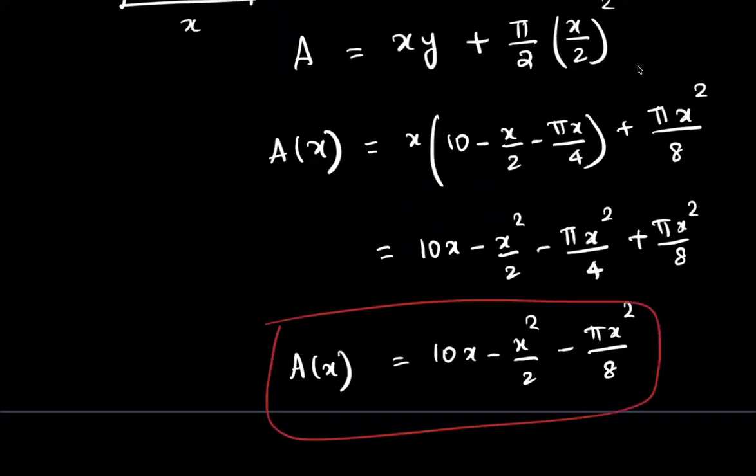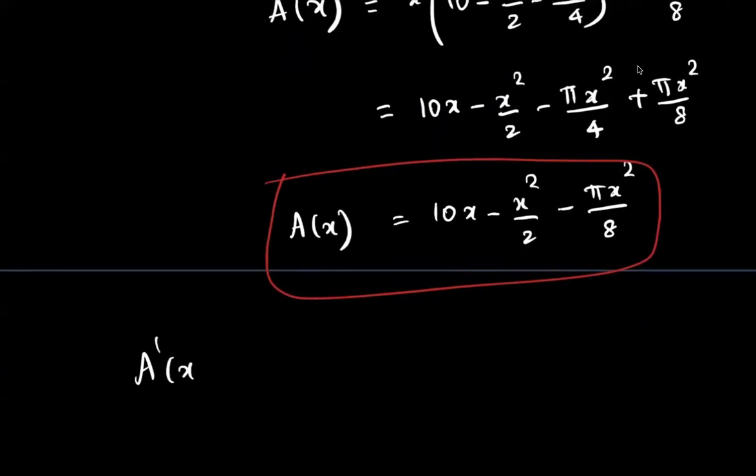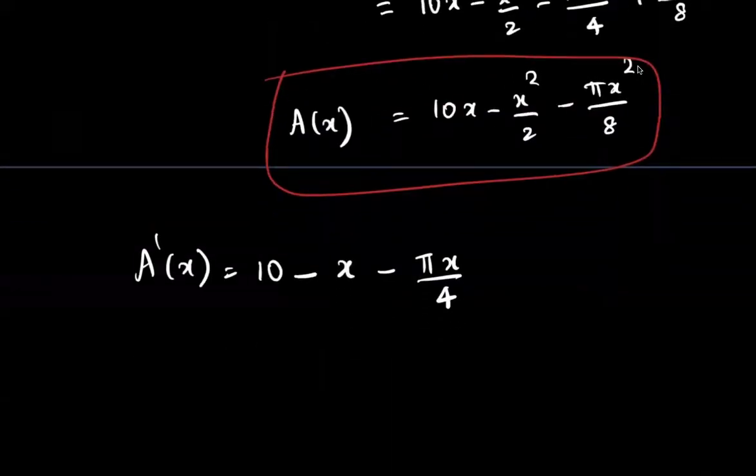All right. I'm going to go and take the first derivative of this. So I have negative 2x over 2, which is just x, minus negative 2 pi x over 8, which is negative pi x over 4. Now I'm going to set this equal to 0.